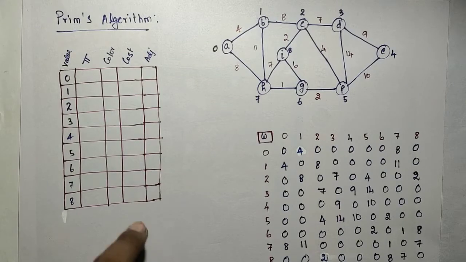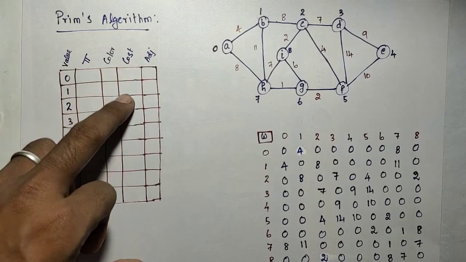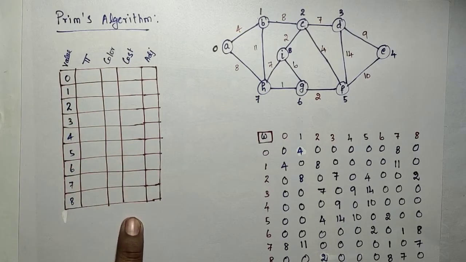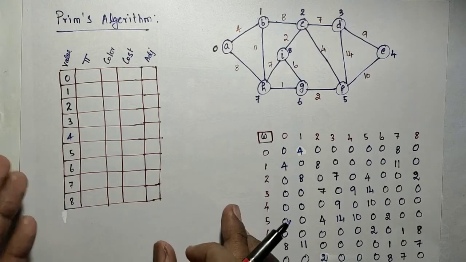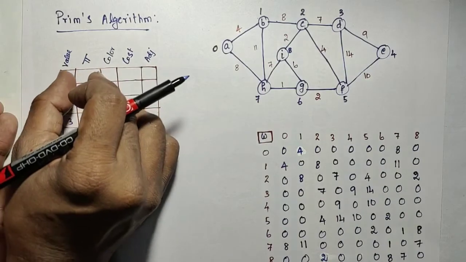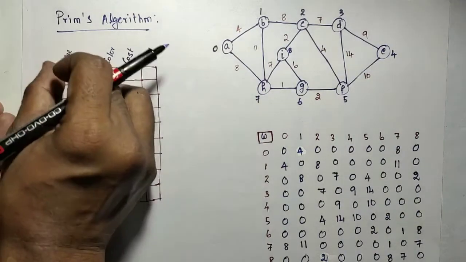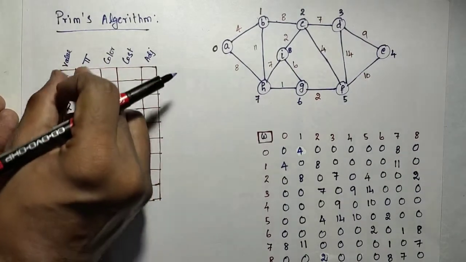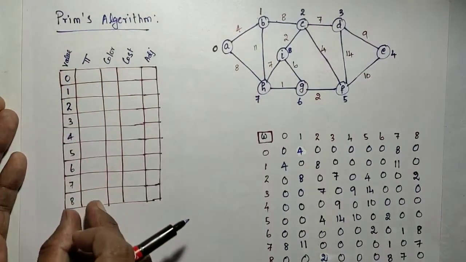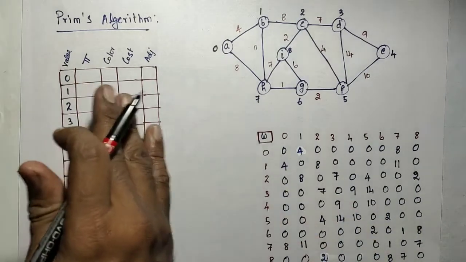So if we need the total cost, finally we have to add all the costs. That is the cost of the spanning tree. We can draw that tree from the given information, 0 to what is the parent, 1 to 7, 8 to, like that. The resultant edges to be added in the spanning tree, the corresponding cost will be filled here.